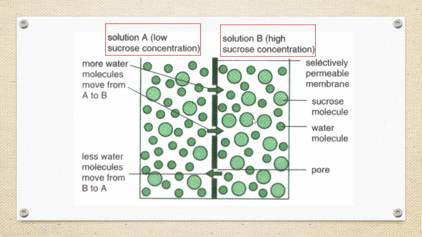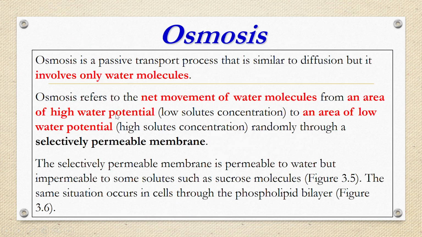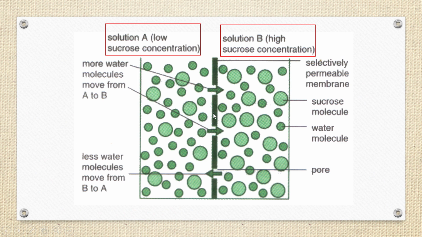So osmosis, what does osmosis tell us just now? It says it will result in the net movement of water molecules from area of high water potential to area of low water potential. So directly here, we know that solution A has higher water potential as compared to solution B. So there will be net movement of water molecules from A to B. Always remember it is the water molecules that are moving across the selectively permeable membrane.